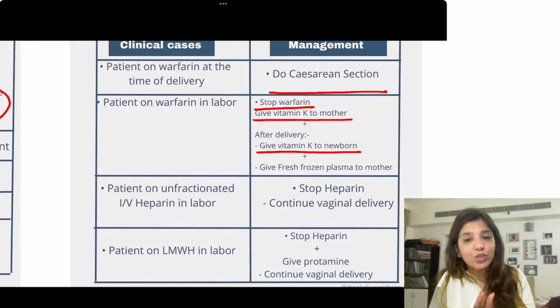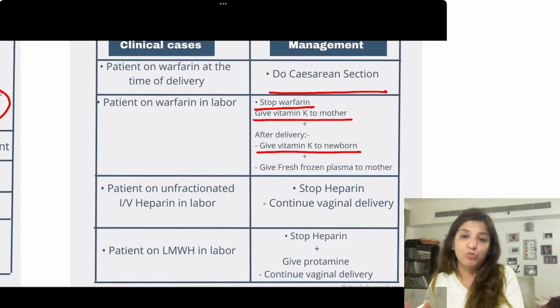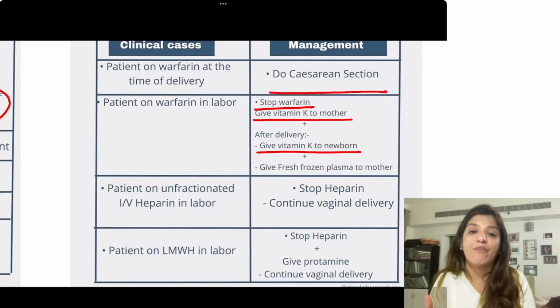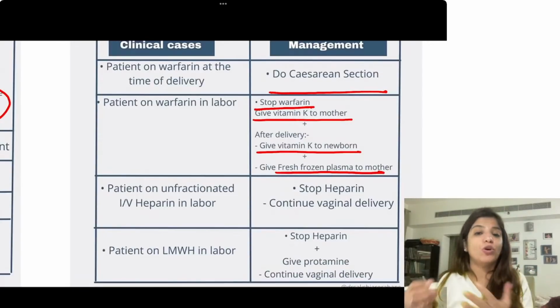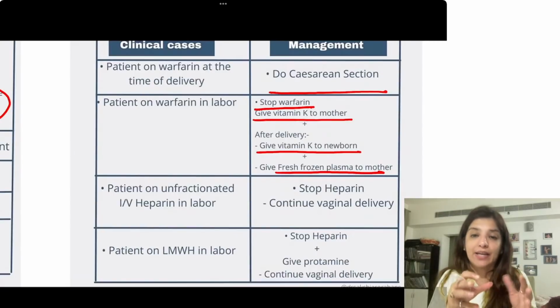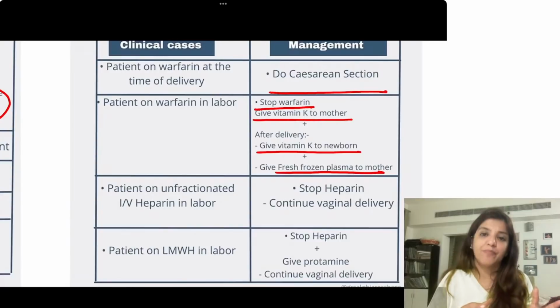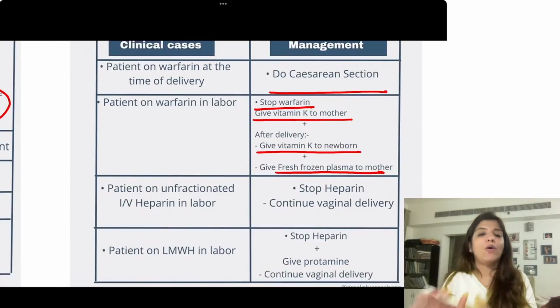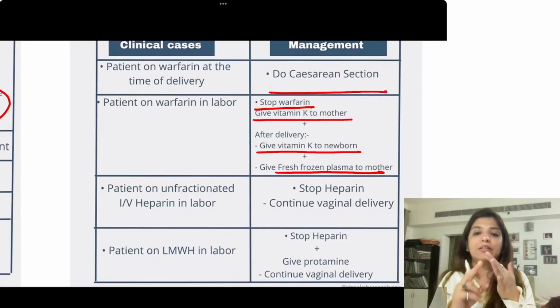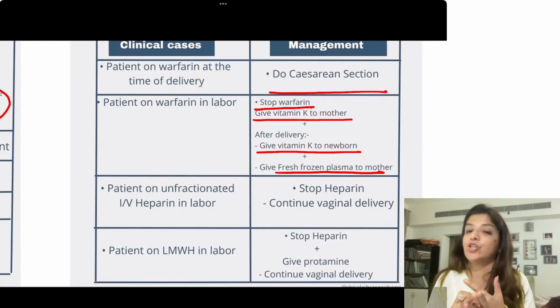So give vitamin K to the mother, give vitamin K to the newborn, and because the patient may go into PPH, give fresh frozen plasma to the mother if the patient goes into PPH, because we don't have any antagonist of warfarin, right? So if the patient is already in labor, I'm going to give vitamin K to the mother. After delivery, I'm going to give vitamin K to the newborn, and I'm going to give fresh frozen plasma to the mother.